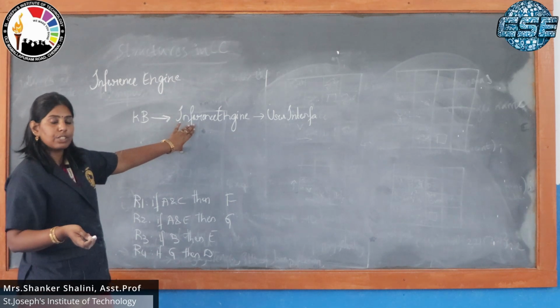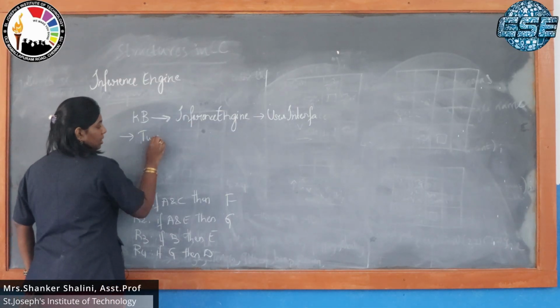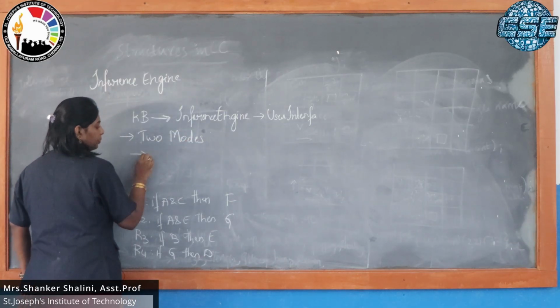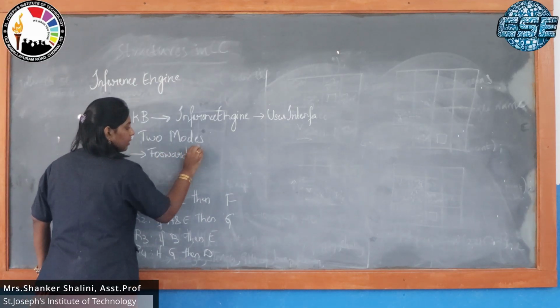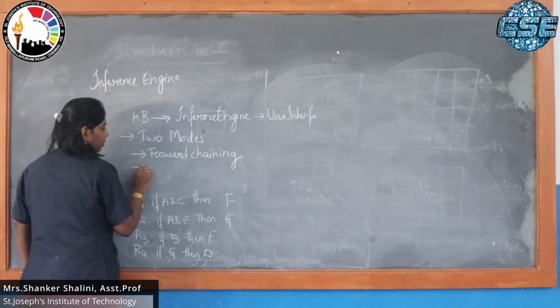In the inference engine, there are two modes. One is forward chaining. The next one is backward chaining.